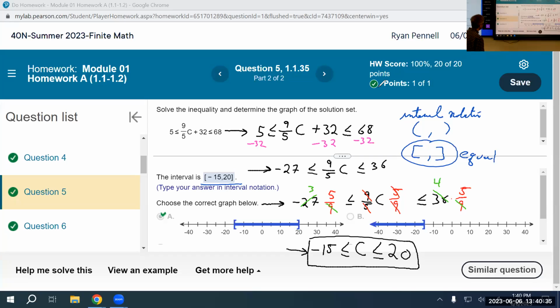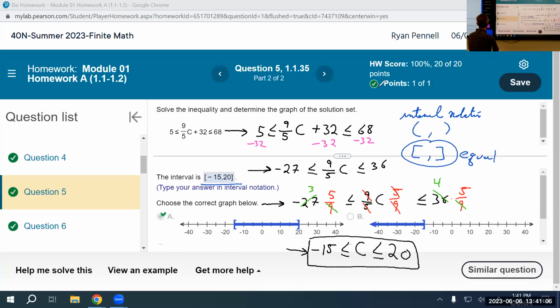And you've probably seen interval notation once before, but hopefully it'll come back a little bit. Again, we use parentheses when we don't want to include the number. So if it was all of the numbers between negative 15 and 20, but not including those numbers, we would use parentheses. Or there could be a case where you want to include negative 15 but not 20, and then you have some combination of parentheses and brackets.